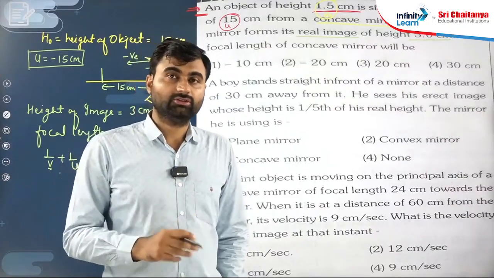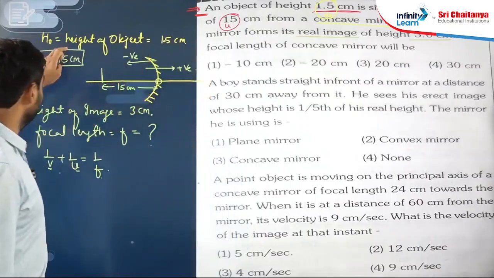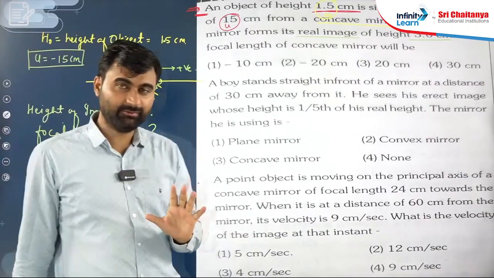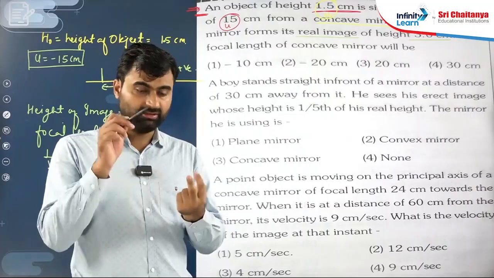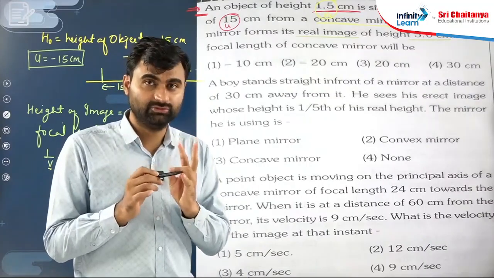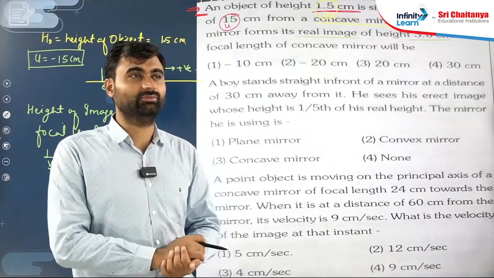So how to find out V? In the question, height of object and height of image, these two quantities are given. So is there any relation between height of object, height of image, V and U? Yes. What is that? Magnification formula.